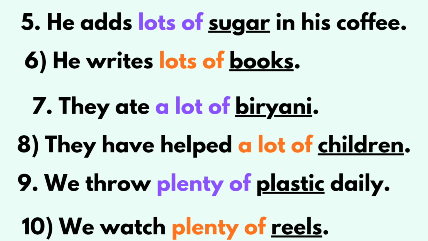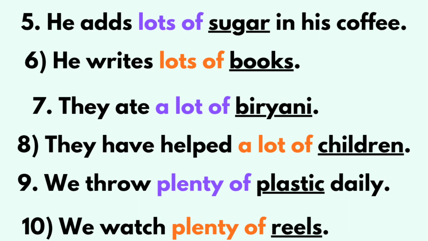We ask the question how much to identify uncountable nouns, and how many to identify countable nouns. In these examples, lots of, a lot of, and plenty of are quantifiers we use with both countable and uncountable nouns. I hope this is clear. These examples help you understand how to use quantifiers with both.